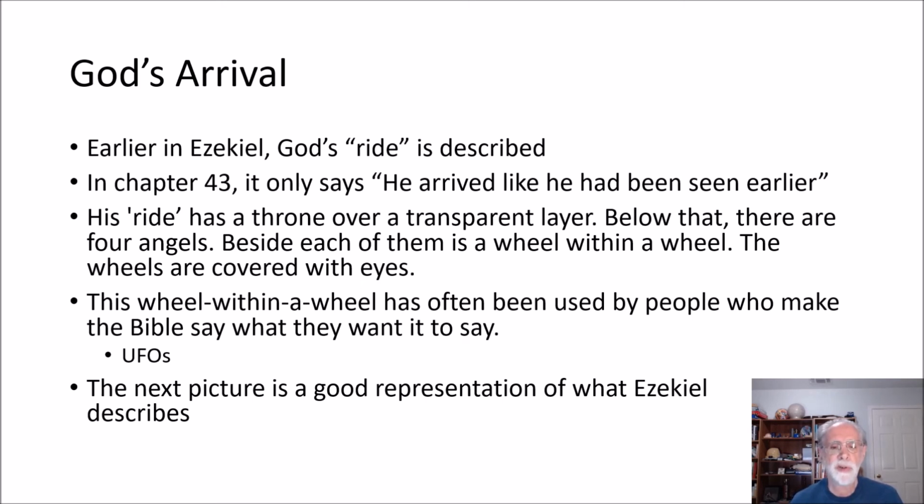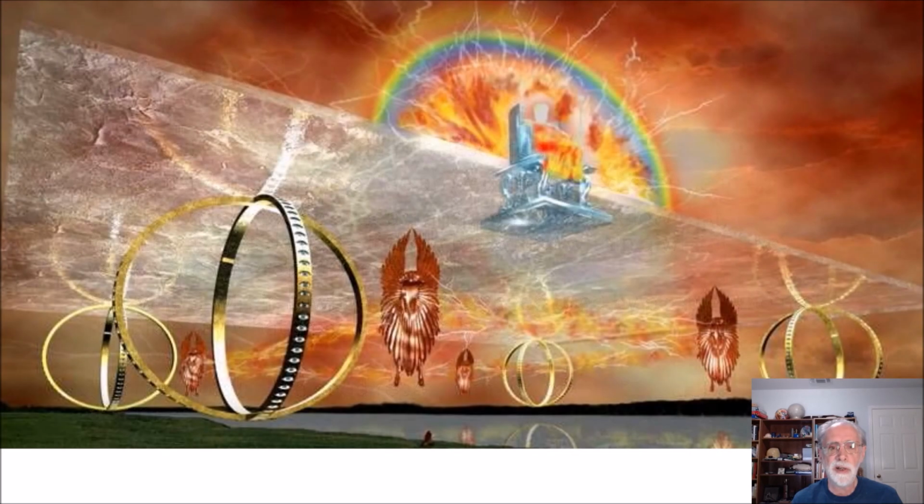These are symbolic descriptions of spiritual beings and spiritual matters. But nonetheless, it's good to understand this as a picture because it helps us get some of the symbolic meaning from it. This picture that follows is a good representation, and you can find lots of bad representations of what Ezekiel says, but this is a good one that is very literal.